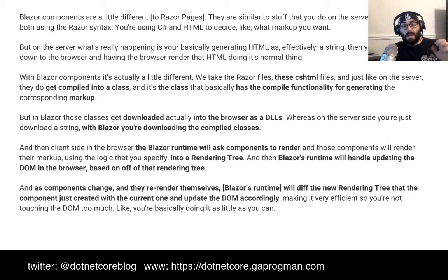And then it takes a diff of the new render tree against the previous render tree, then passes a message to the DOM to only update the things that have changed. You'll see a better version of this as we go through it. But yes, basically it only changes the DOM to add or remove things that have changed, which is fantastic.